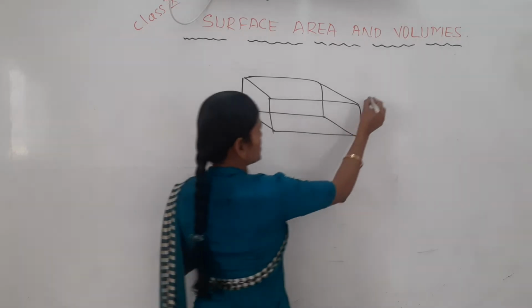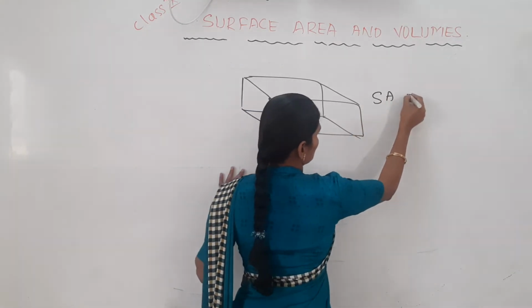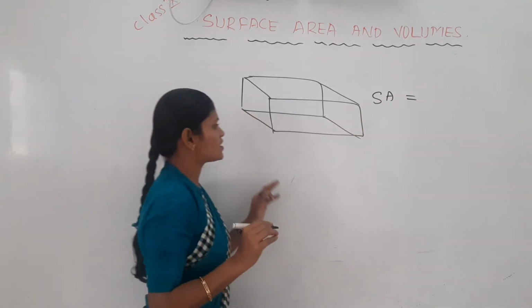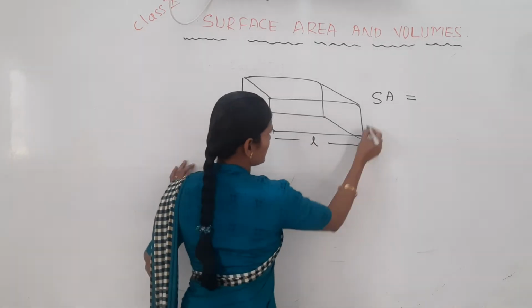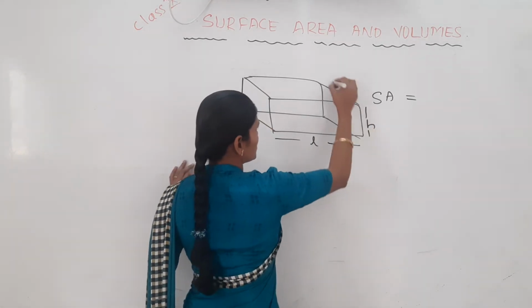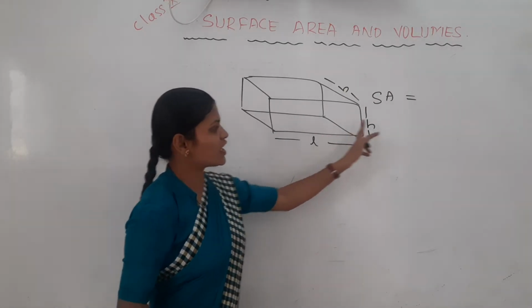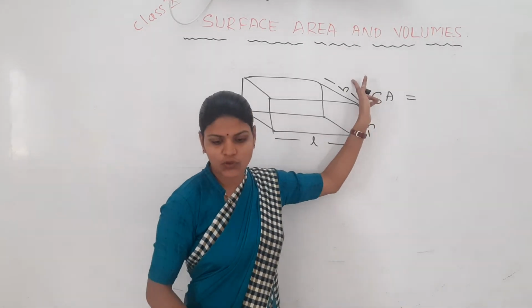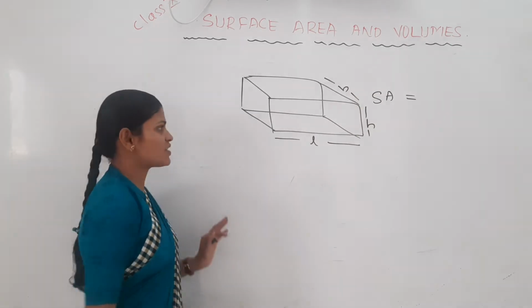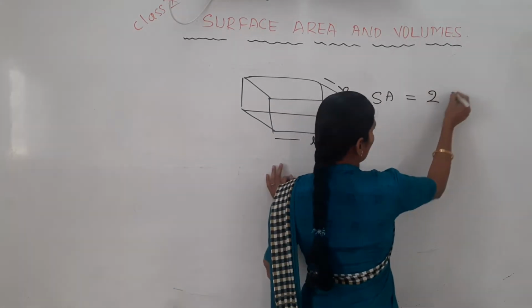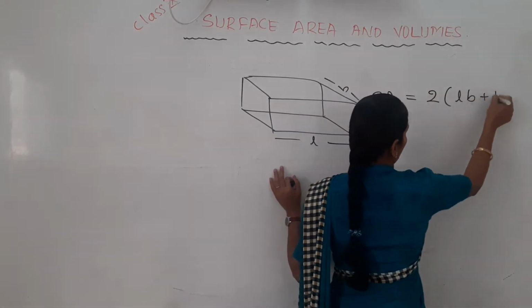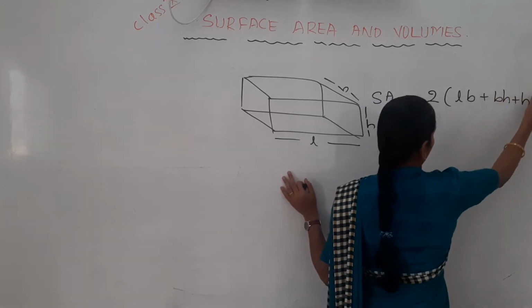Here it is L, it is H, it is B, meaning length of the cuboid, height of the cuboid, breadth of the cuboid. Then what is its surface area here? 2 times of LB plus BH plus HL.